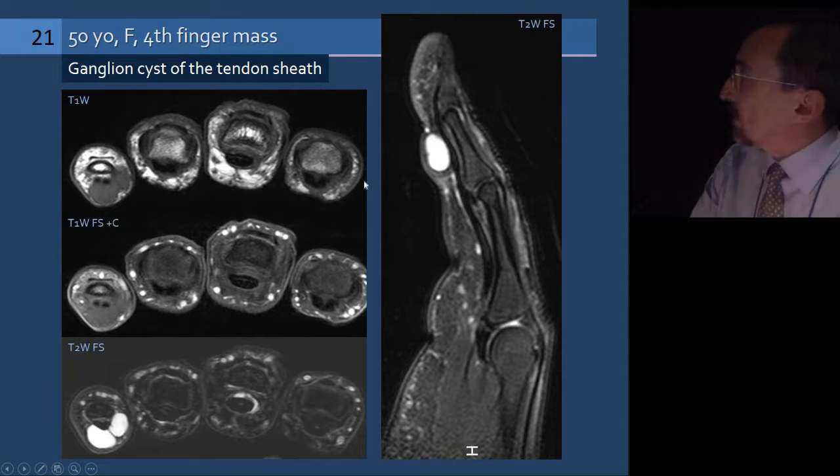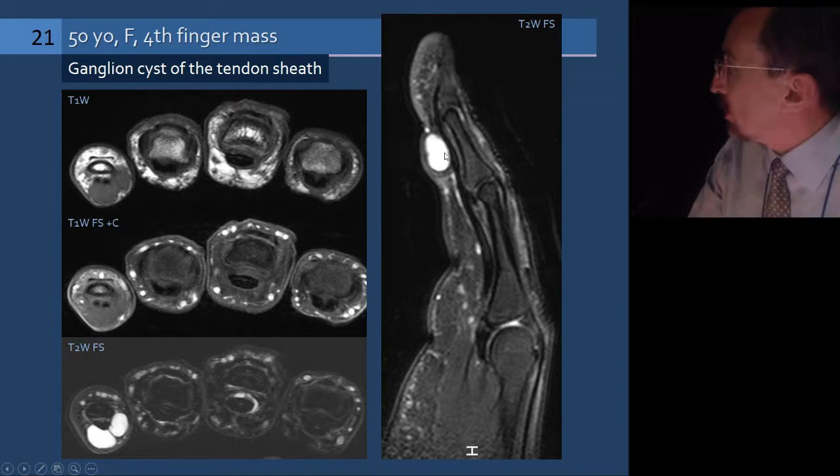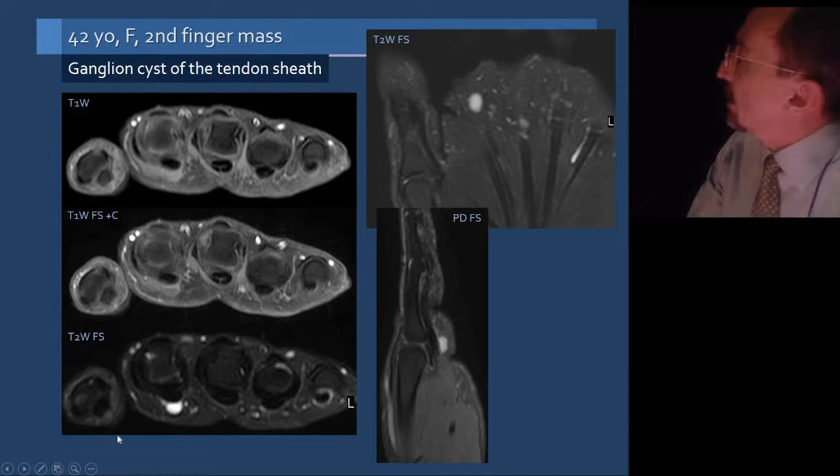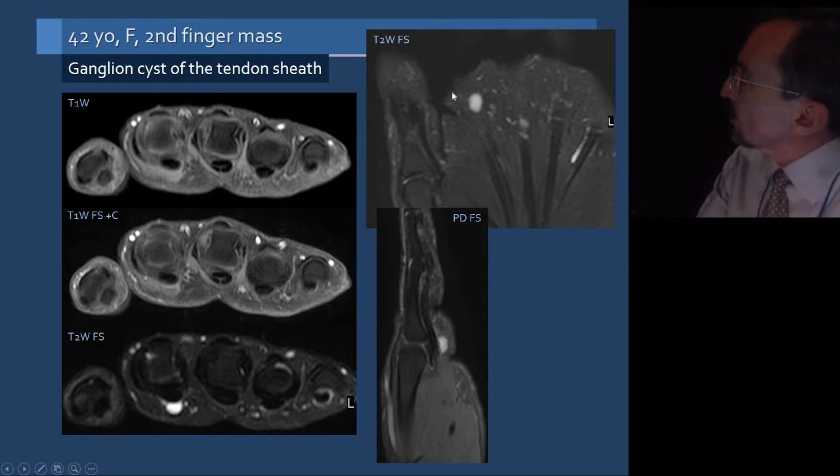This is also true with the hand, and then sometimes they can be seen with the tendon sheaths. So you can see here that this ganglion actually involves the tendon sheath, and then you can see the mesotendon right here, stretched by the presence of ganglion there. They can be smaller, as shown here. They would not enhance normally with IV contrast.